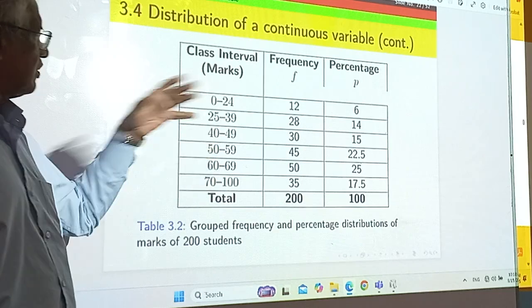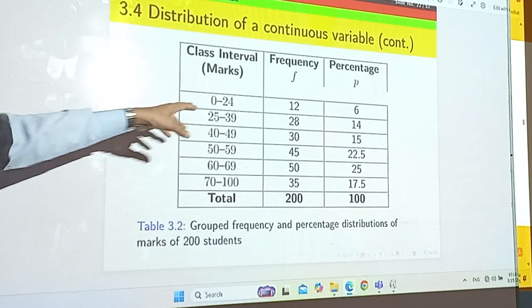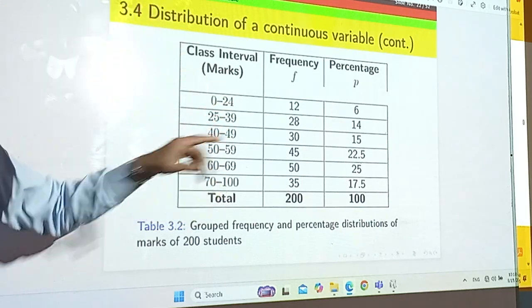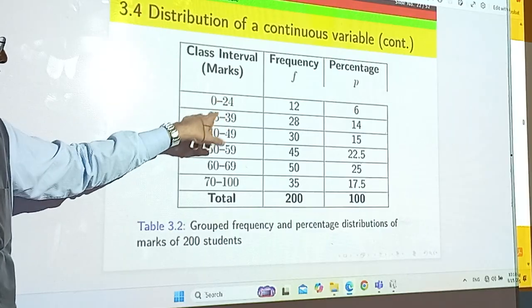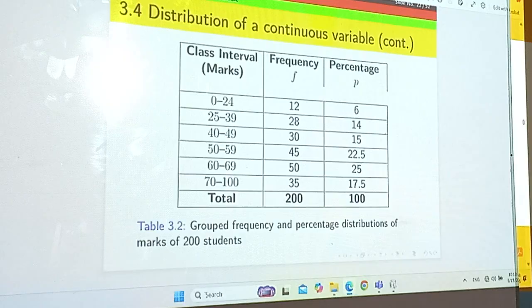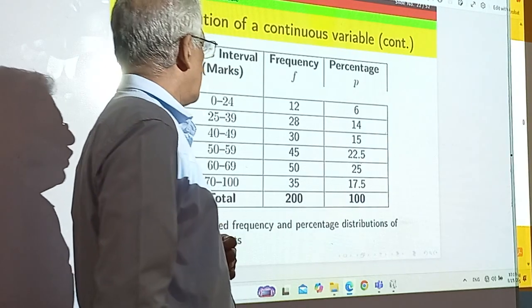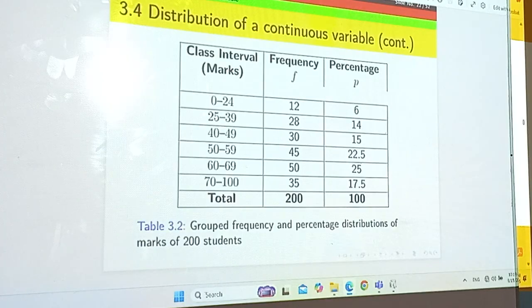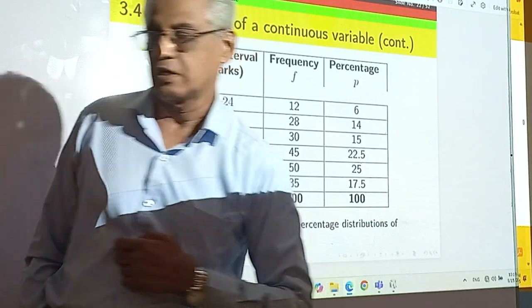So if you have this kind of frequency table, these class intervals are not the same as the previous ones. Here they are not overlapping. So how would you draw the suitable picture here? You can draw again the frequency distribution or the percentage distribution.